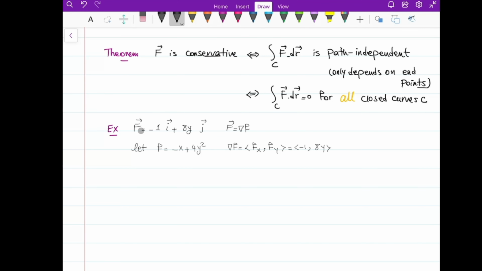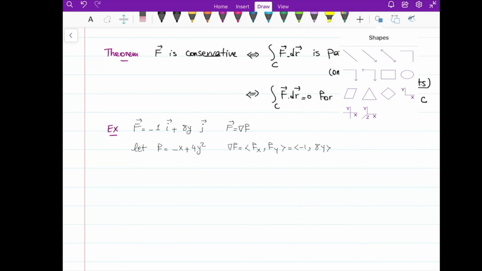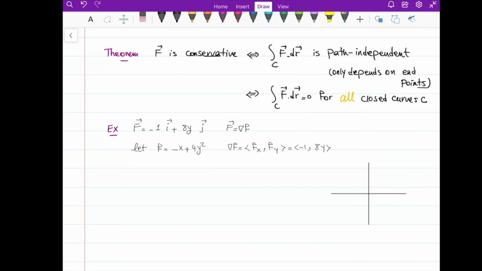Now let's have the curve C. On the x-axis and y-axis, the curve C is just the line from negative 1, 0 to 1, 0. I'm going to call this C1.